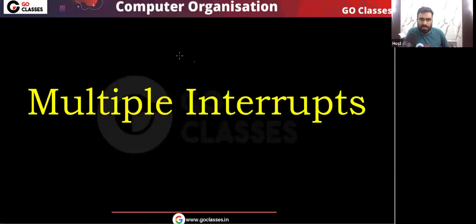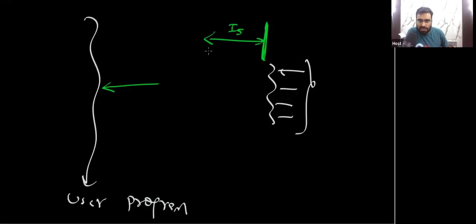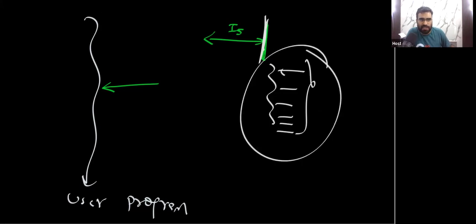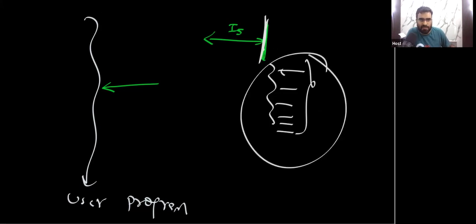So this is the concept: if multiple interrupts are coming at the same time, after execution of every instruction, CPU will check, is there any interrupt? And let's assume multiple devices have sent the interrupt. Now which interrupt to run? Can anyone tell me what should I do? What is your intuition? There are multiple devices who have already sent the interrupt request.